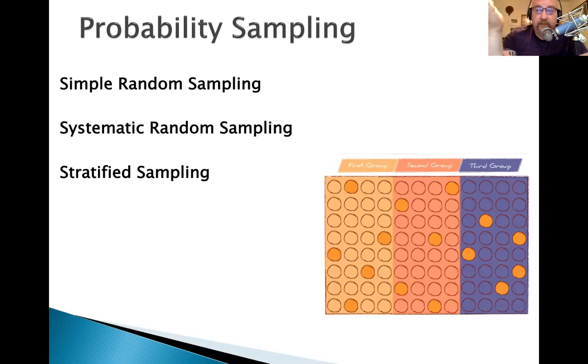I don't know if these numbers are accurate, so don't hold me to this, but say it's roughly 40% Hispanic, 40% white, and 20% Black. That's not accurate, of course, but let's say that's what it is. Then we would want our sample to be 40% Hispanic, 40% white, and 20% Black.